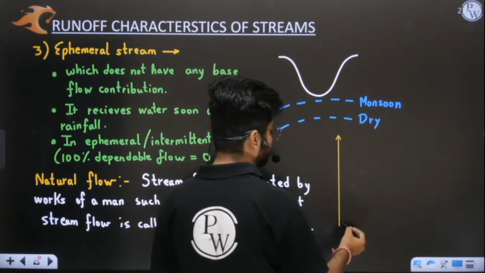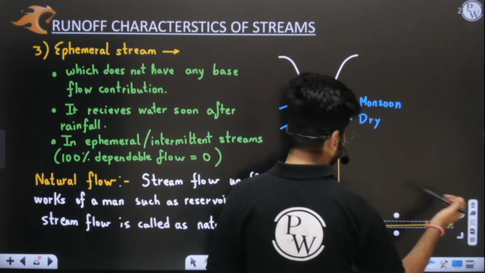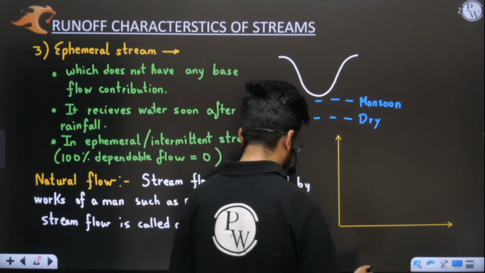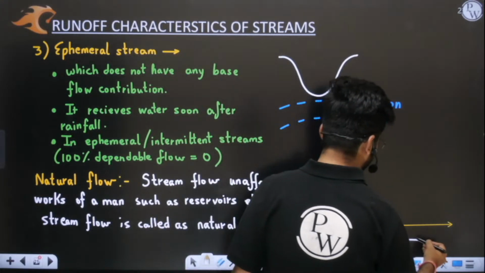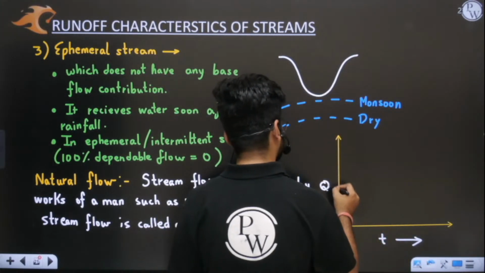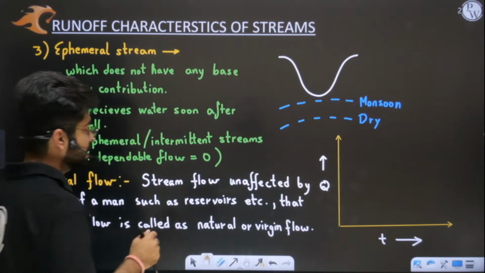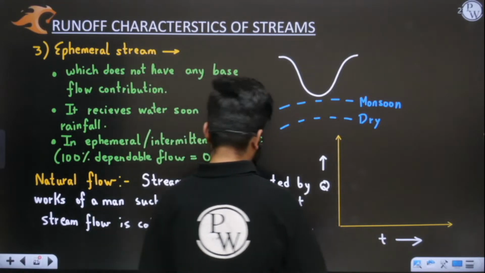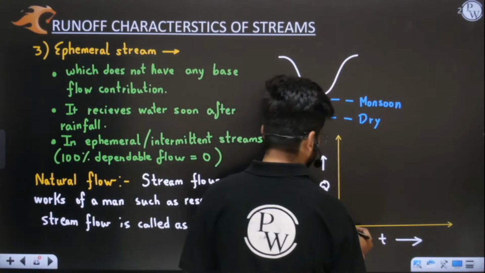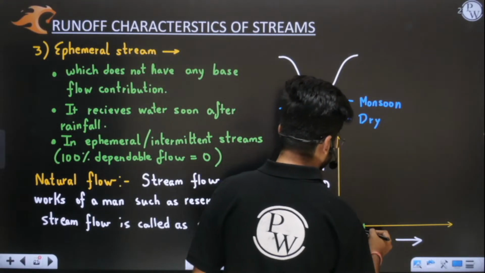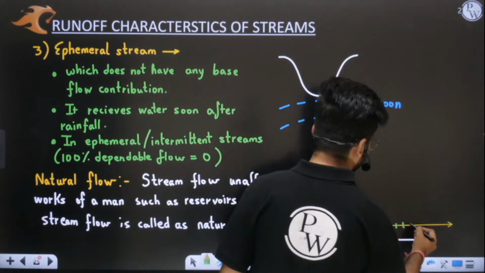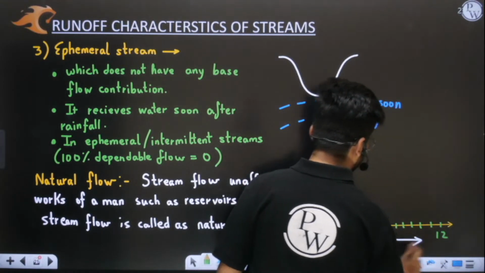So if you want to draw the hydrograph for your ephemeral stream, we have so many months here, let us say 12 months.